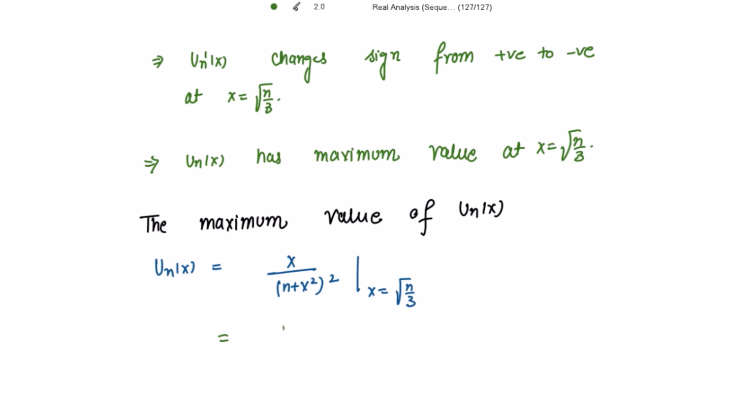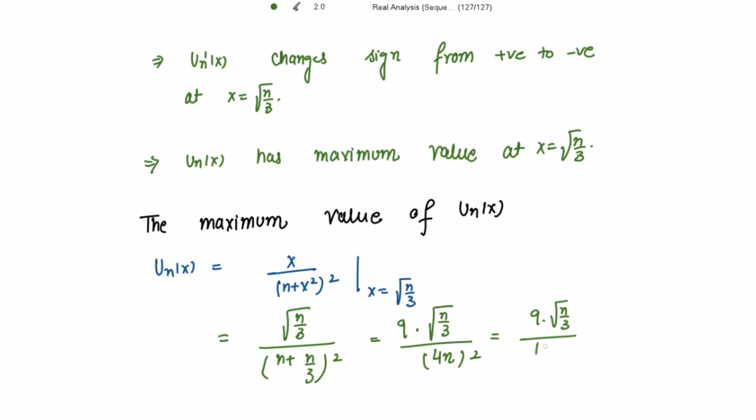So putting this value, we get square root of n by 3 divided by n plus n by 3 whole square. That is equal to square root of n by 3 divided by 4n whole square into 9. So that is equal to 9 into square root of n by 3 divided by 16n square, which is equal to 3 root 3 divided by 16 into 1 divided by n to the power 3 by 2.